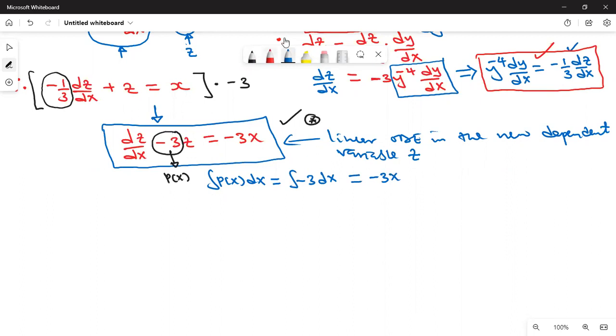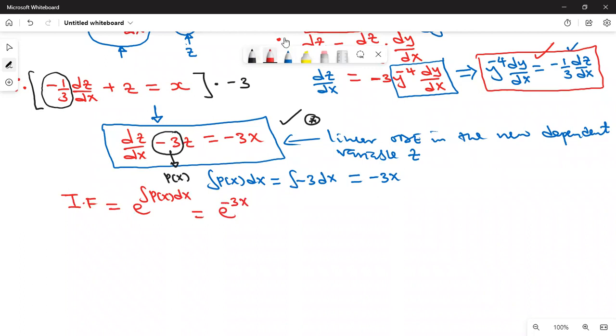So now the integrating factor is exponential of the integral of p of x dx. That will be exponential negative 3x. That's what we have found as the integrating factor.